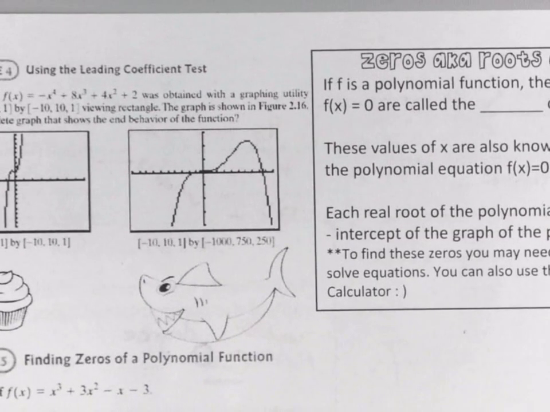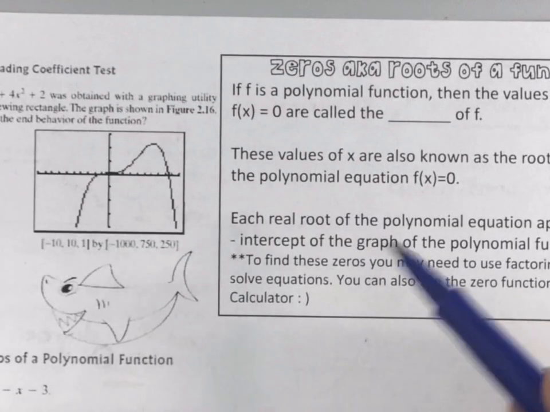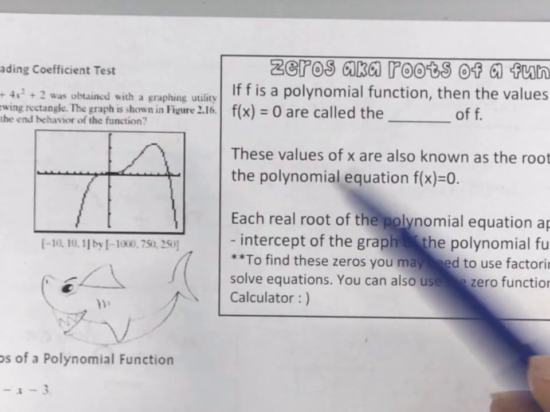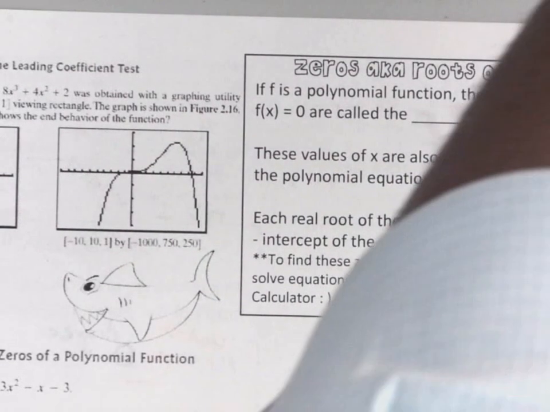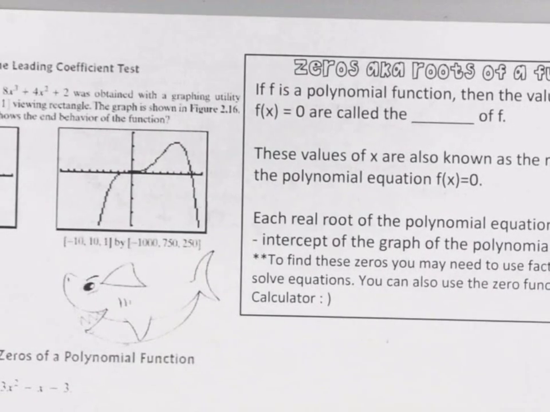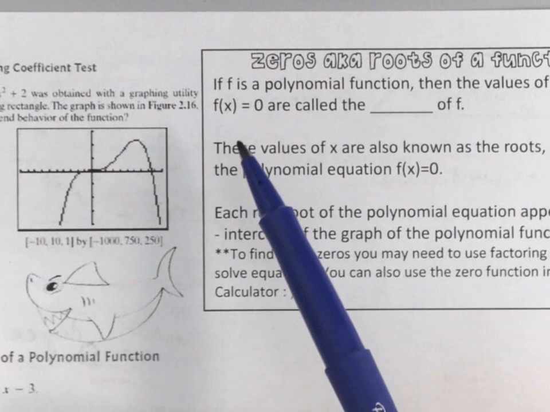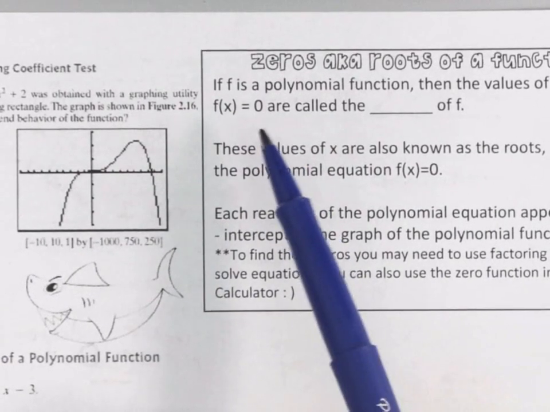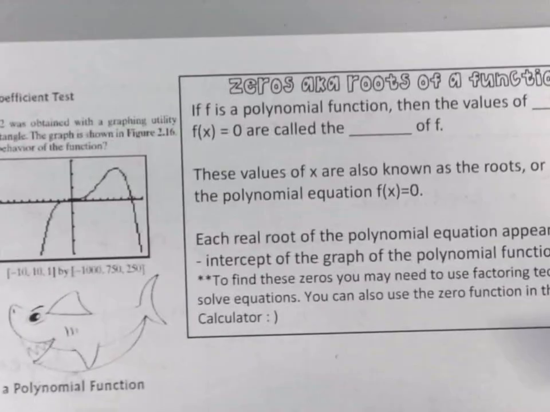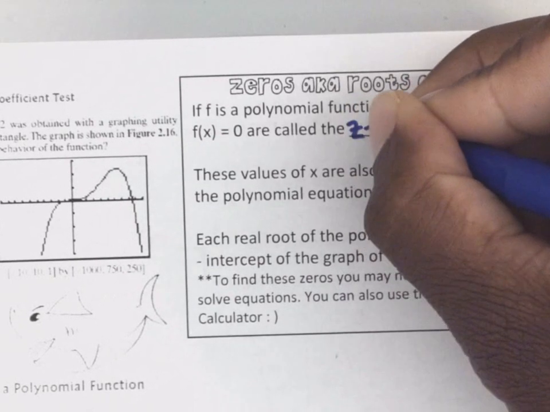So we're going to talk about the roots and the zeros. All right, so these have a bunch of different names. They all mean the exact same thing. So when you set your function equal to 0, and you find the different values of x that will make your function equal 0, we call those the zeros of the functions.